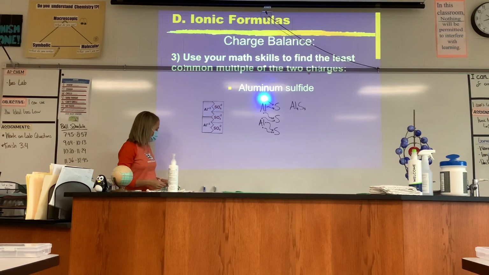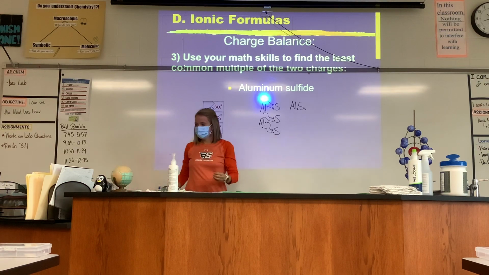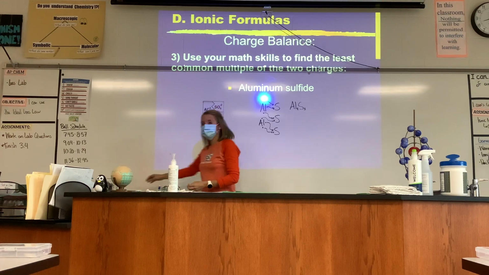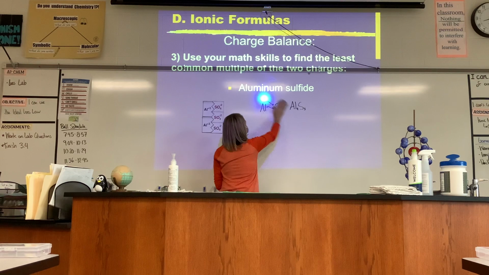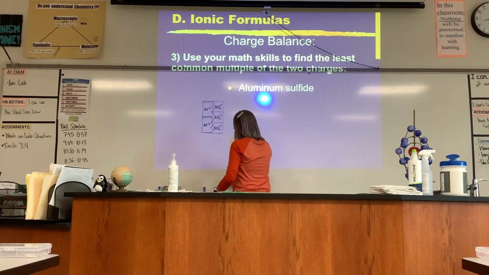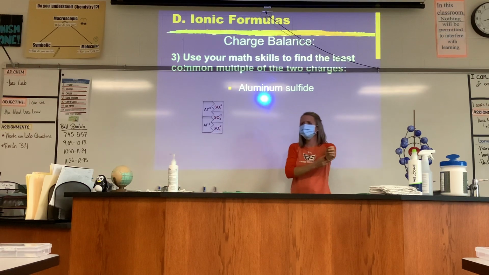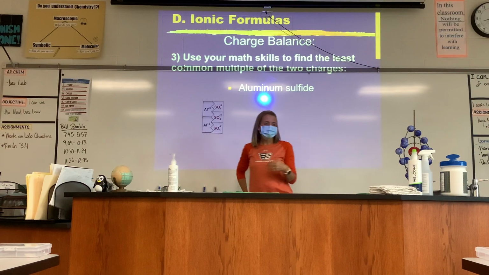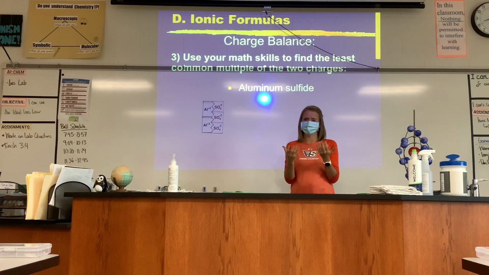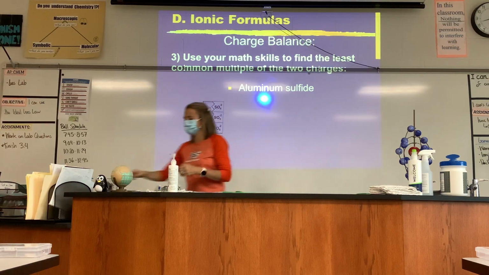Yeah, Rachel. Could you do it the opposite way, like aluminum needs 5 and sulfur has 6? Is it ever gonna be the opposite way? You could look at it that way. The biggest thing is it just has to be balanced, right? So if you wanted to look at it in reverse, I think it could still work.